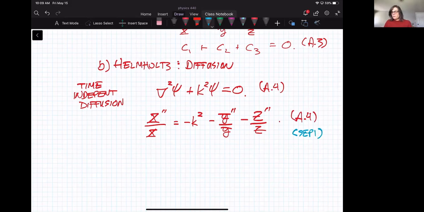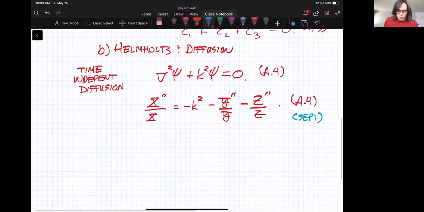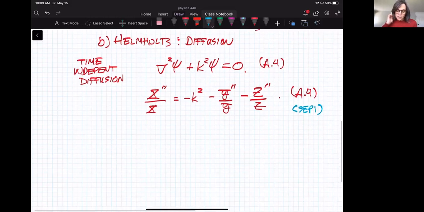We have taken the function and separated it out into x, y, and z, and we are now trying to solve for X. What we're going to do is realize that everything on the right-hand side of 8.4 is a constant as far as everything on the left-hand side.